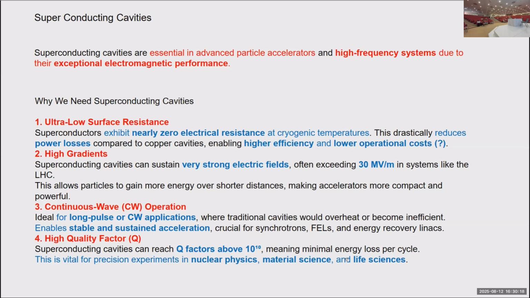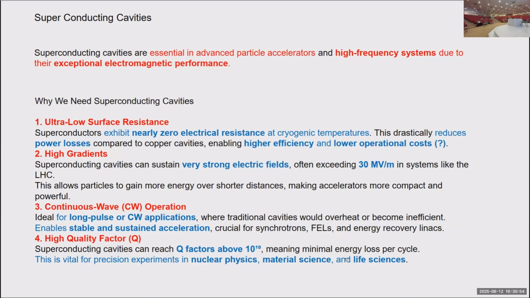It means when losses are very low, Q is very high, then the ability of storing energy is very high, a high quality factor. And the field gradient is very high, about 30 million electron volts around. And continuous wave operation is possible.